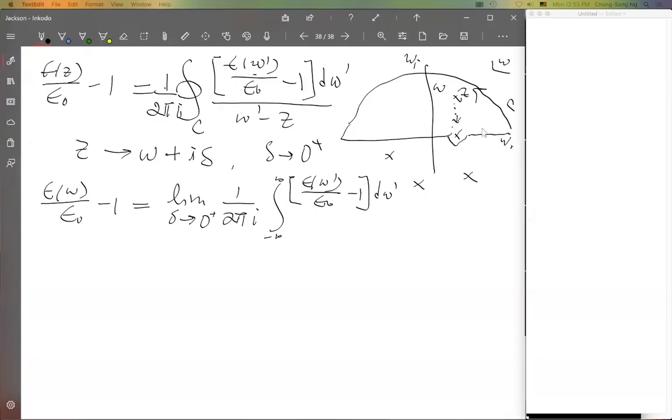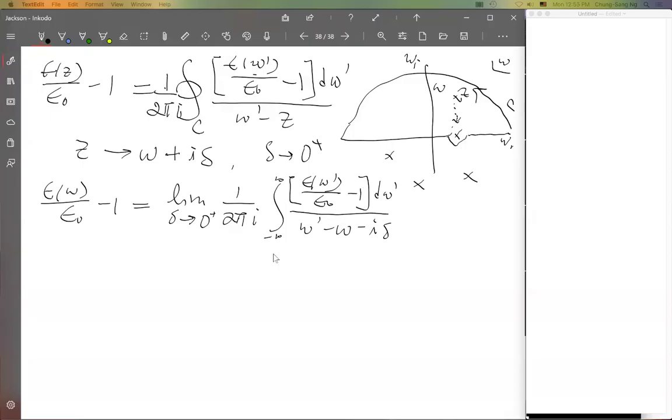You just need the integration along the real axis. That becomes omega prime minus omega minus i delta. Just substitute z equal to this into here. All right, so that's just taking the limit of an interior point and letting it approach the real axis, and we get this result.